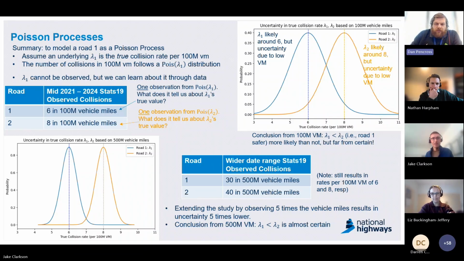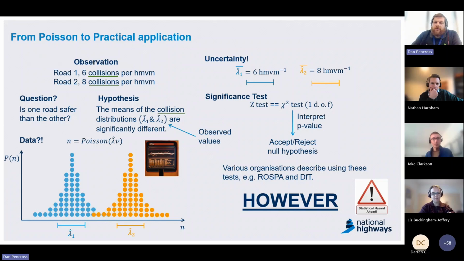Cheers. Thanks, Jake. So as Jake said, I'm now going to run through the practical application of this theoretical background. We'll start off with the same observation that Jake made about those 2 roads. We've got road 1 with 6 collisions per 100 million vehicle miles, road 2 with 8 per 100 million vehicle miles.